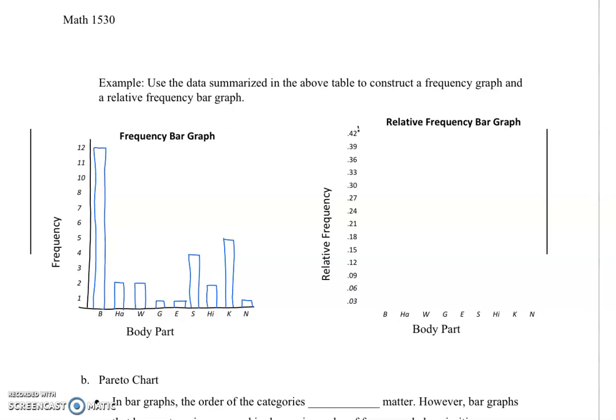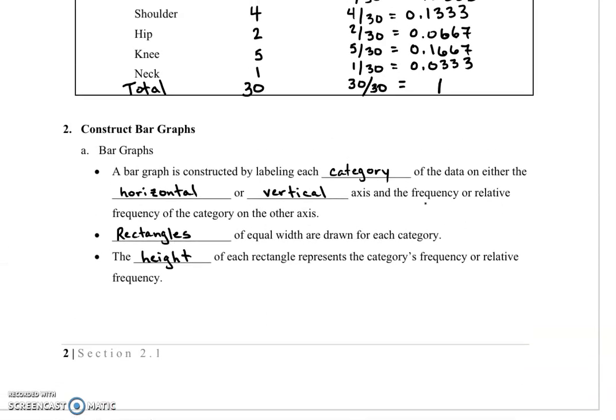Now, when we do the relative frequency bar graph, it should look very similar. So the bar for back should be the tallest, and groin, elbow, and neck should be the shortest. The only difference is instead of using the number of each one, we're using the relative frequency of each one.